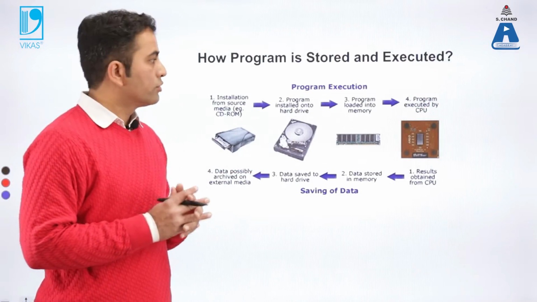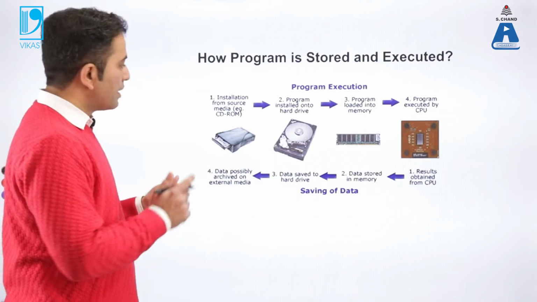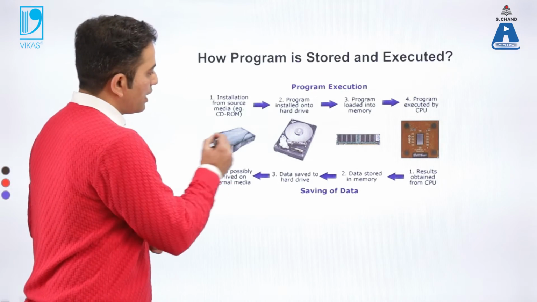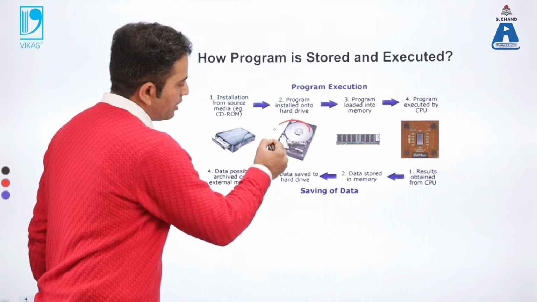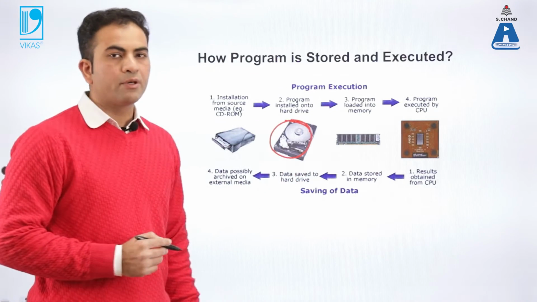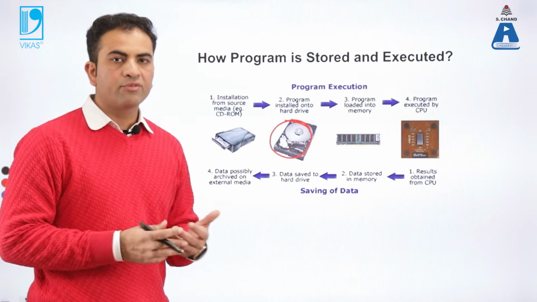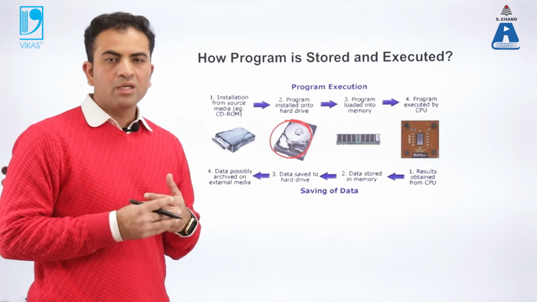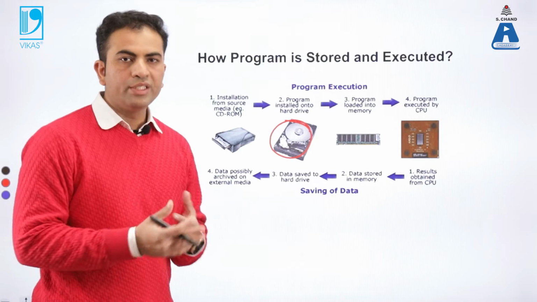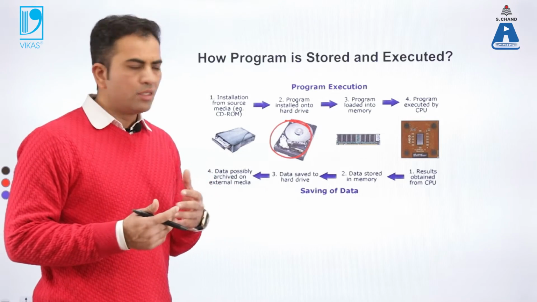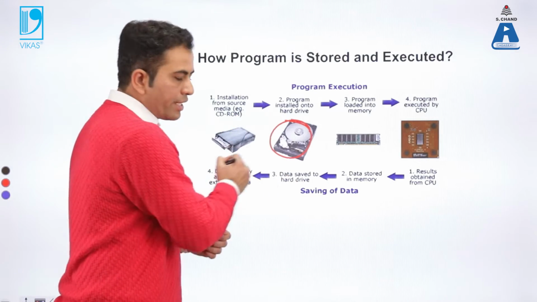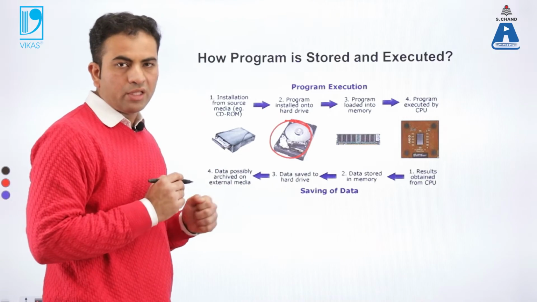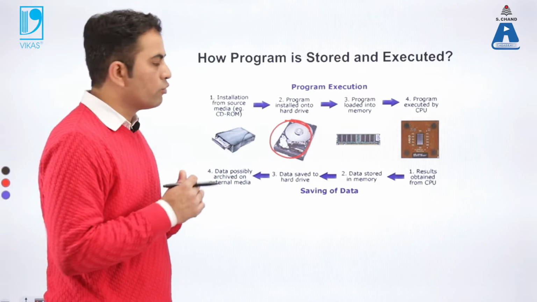How are programs stored and executed? Recently, I have taken the example that this is our hard drive. In our hard drive, we have stored our permanent files like our songs, our games, our movies. I am taking the example. So when you double click on the icon of any song or any movie, what happens?